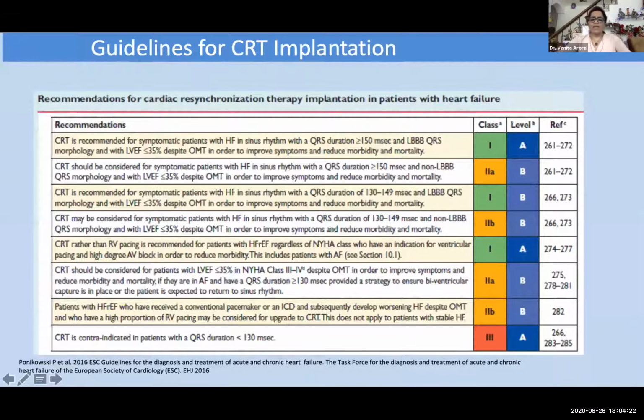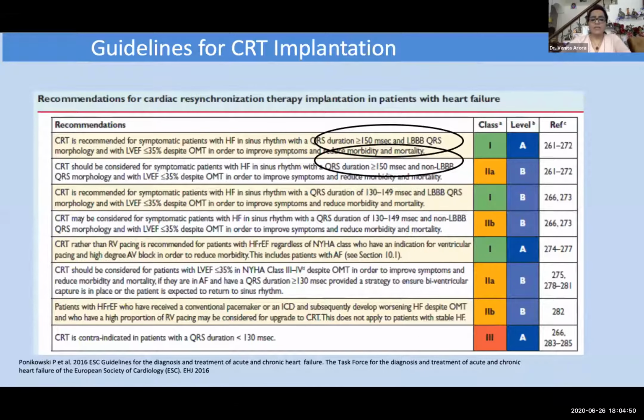Hence, we have the guidelines looking into all the data that we have. This is a class 1 indication: QRS more than 150 milliseconds, left bundle branch block, LV ejection fraction less than 35%, symptomatic despite guideline-directed medical therapy. They become the class 1 recipients of CRT therapy.